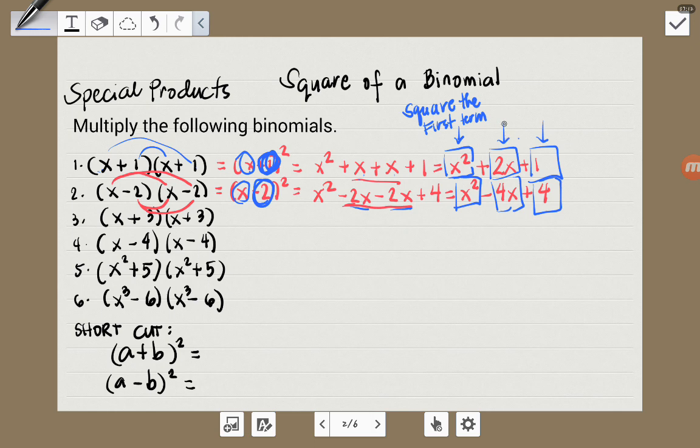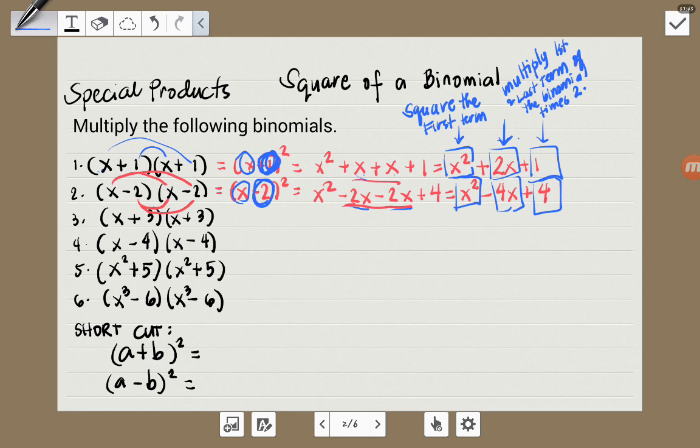Tapos yung middle term, para makuha yan ay multiply first and last term of the binomial times 2.